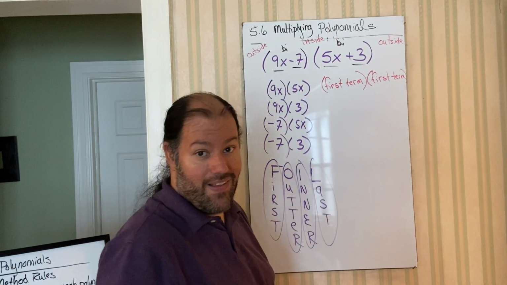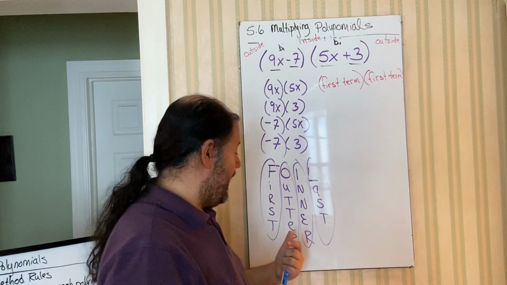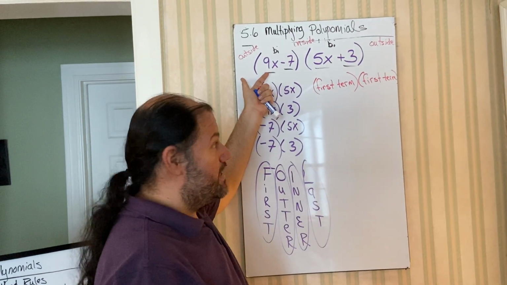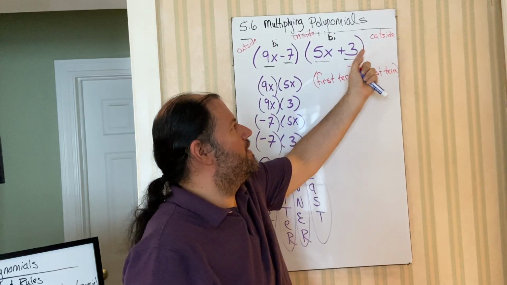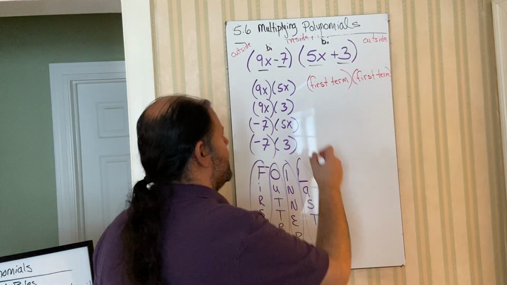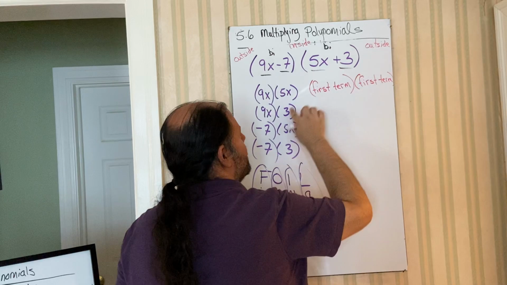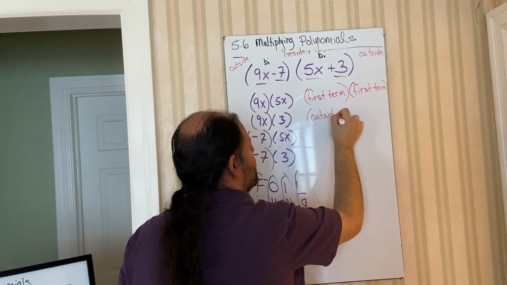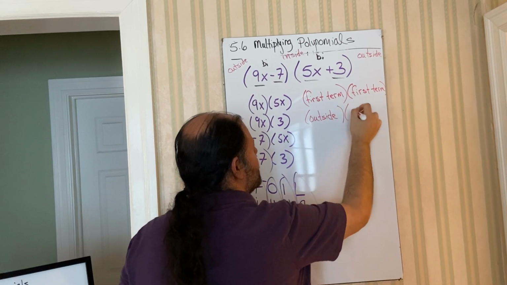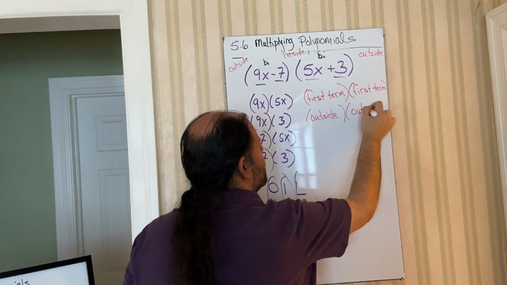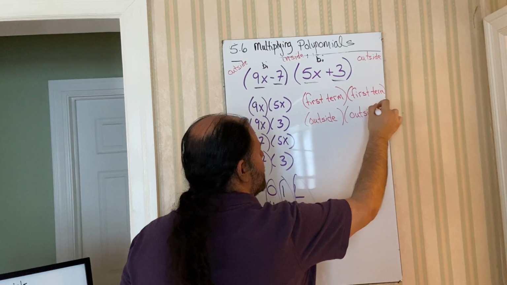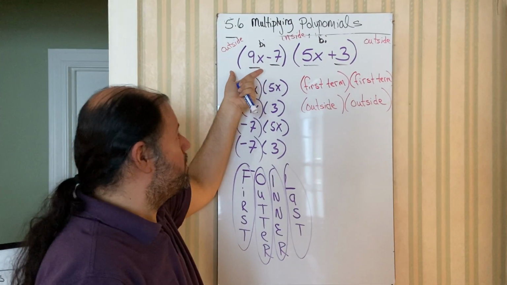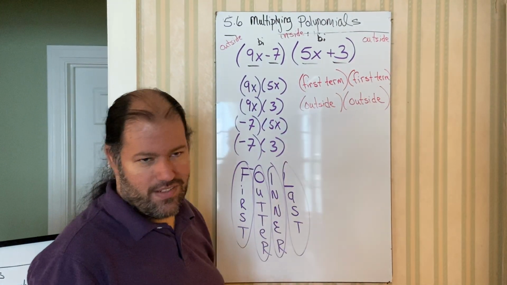So when they're talking about outside or outer, the term that's closest to the outside here, the term that's closest to the outside here. Okay, so that's why 9x and 3 went together. It is the outside times the outside. They're not technically on the outside, but it's the closest to the outer region.